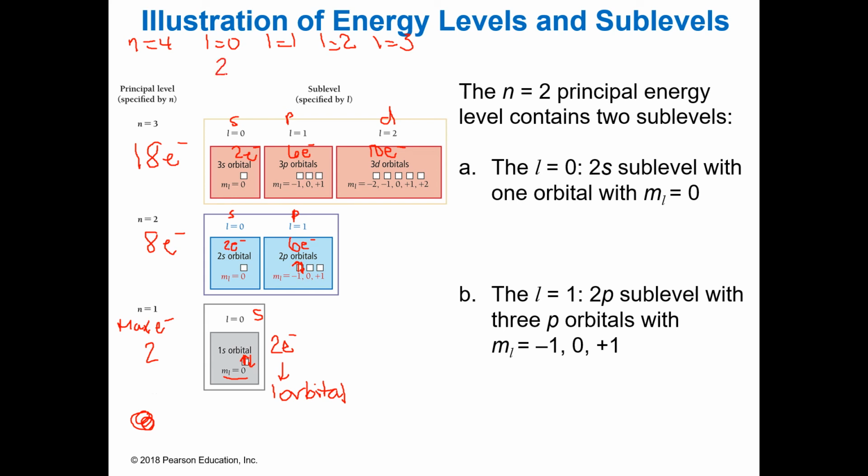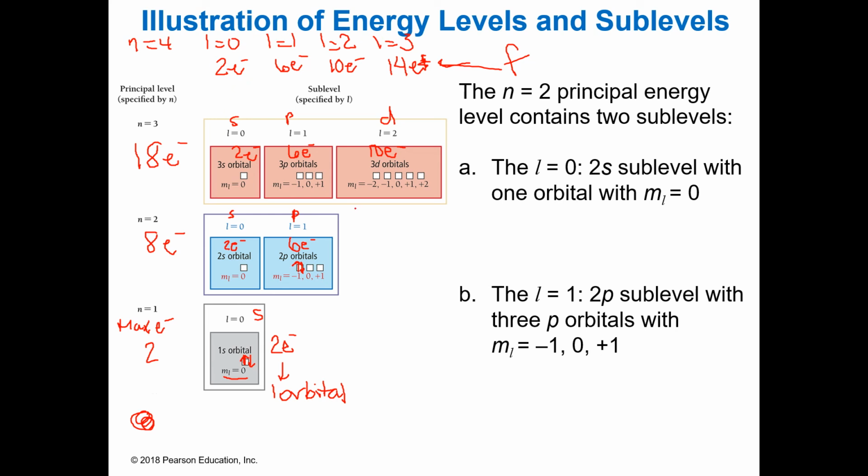So l equals 0, that's 2 electrons, the S subshell. l equals 1, 6, P. l equals 2 is the D subshell, it's 10. l equals 3 is the F subshell. So this is new, it's our F. Okay, it incorporates all of those.